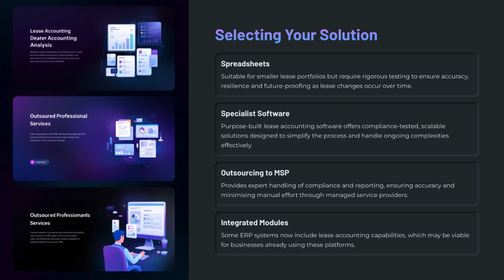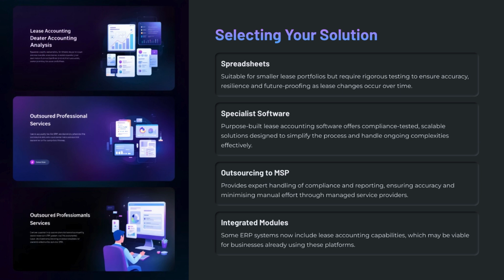Selecting your solution. Choosing the right solution for lease accounting compliance is a critical decision. There are several options. Spreadsheets. These can work for smaller lease portfolios, but they must be rigorously tested to ensure accuracy, resilience, and future-proofing, especially as lease changes are inevitable over time. Specialist software.